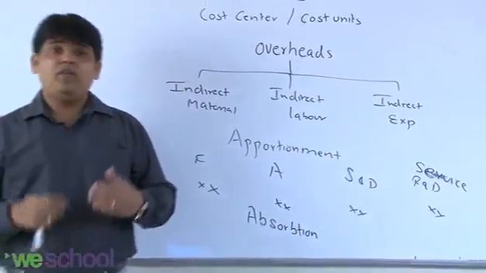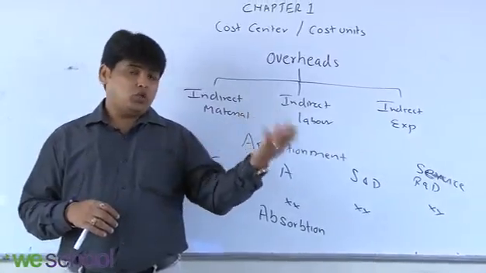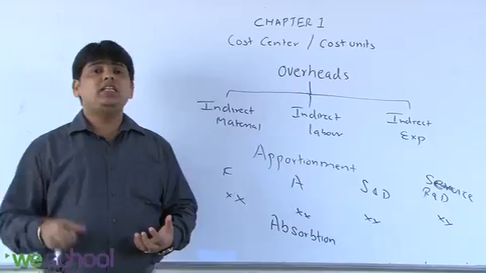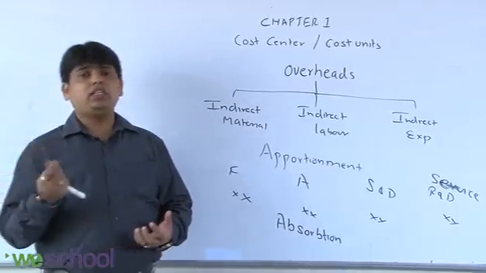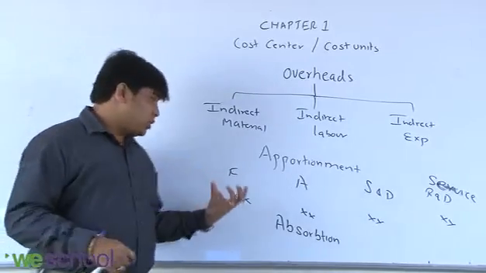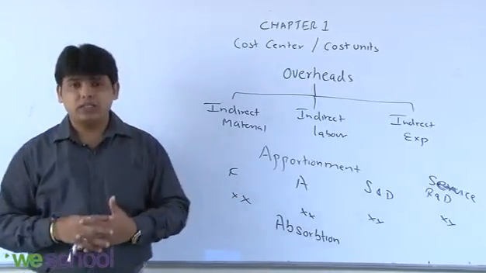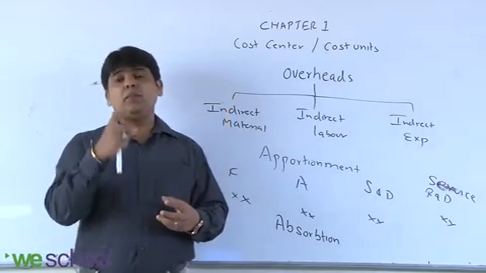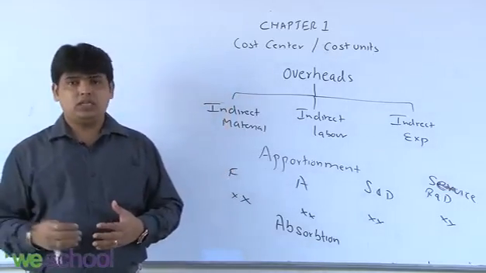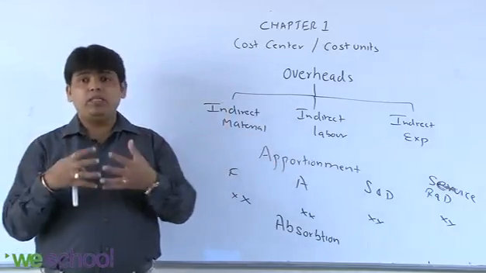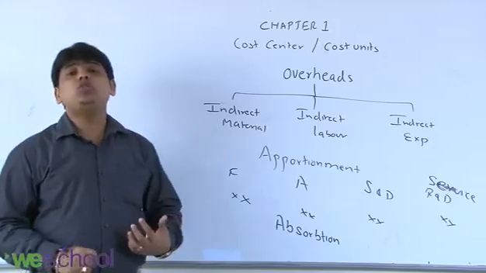For example, if I am talking about soap and detergent, soap is in numbers and detergent is in liquid or powder form. How is it possible to distribute this expense on the basis of units produced? Because soap is in numbers and detergent is in kilos. Can I take the total production of kilos and numbers together and divide this? No, it is not possible.